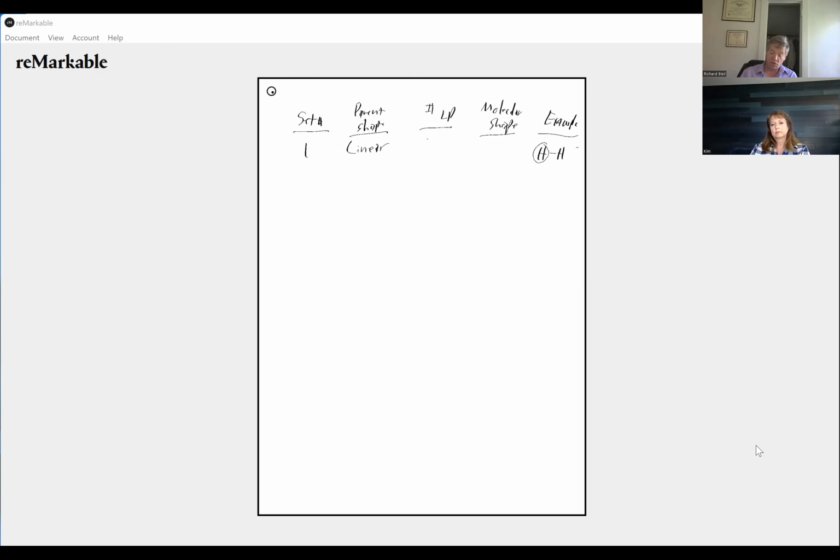We have 0 lone pairs. And here's a little hint for you. If you have 0 lone pairs, the molecular shape is identical to the parent shape. They're only atoms, and therefore we don't eliminate any lone pairs, so it's linear.